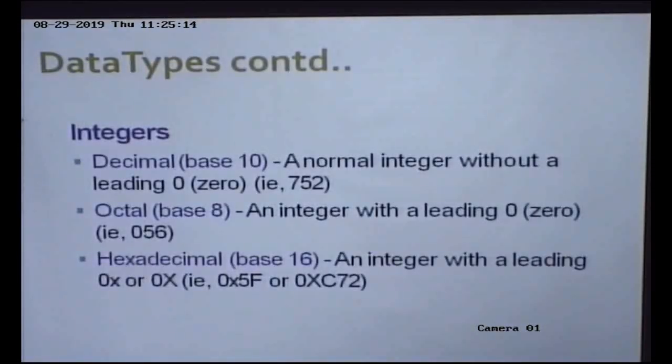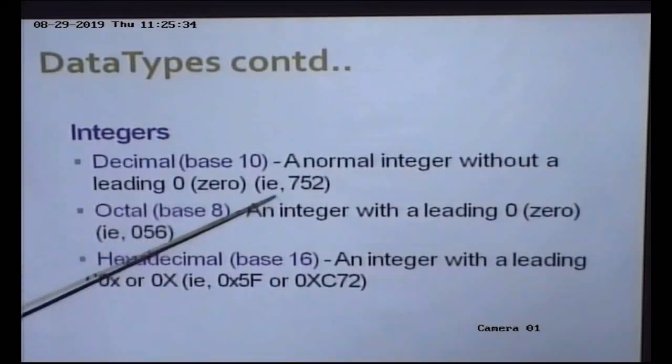The next type is again number, which comes as either an integer or a floating point representation. Let's take integer representation first. We have decimal, octal and hexadecimal representations. A decimal integer is a normal integer without a leading 0.